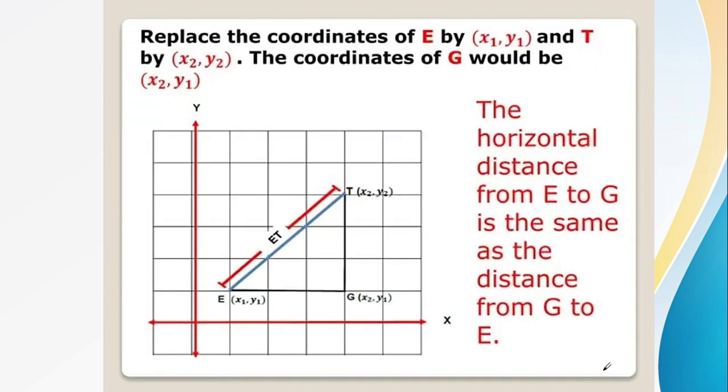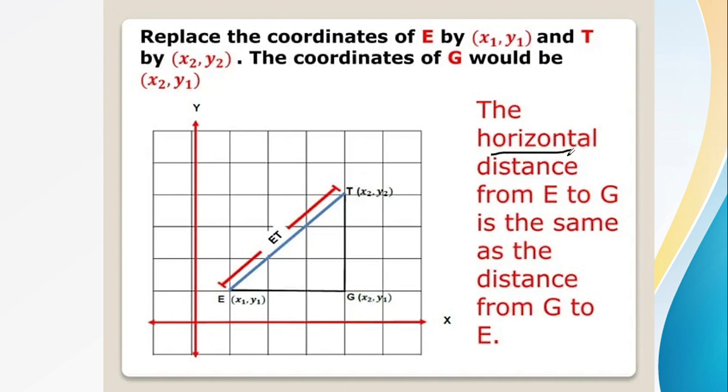So, the distance formula. Replace the coordinates of E. We still have the same E, T, and G. We replace the coordinates of E with x sub 1, y sub 1, the coordinates of T with x sub 2, y sub 2, and the coordinates of G with x sub 2, y sub 1.